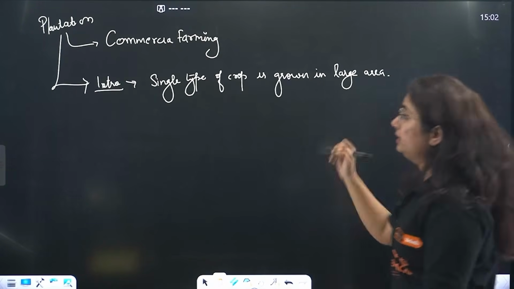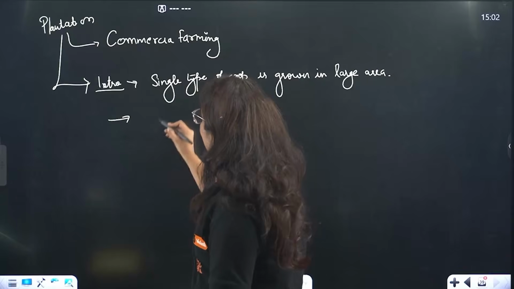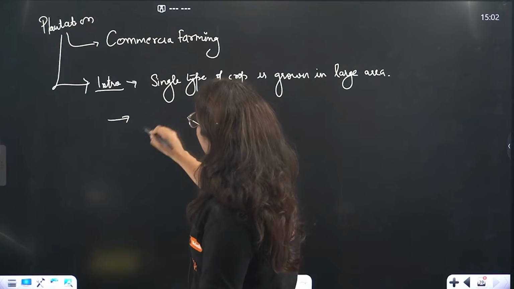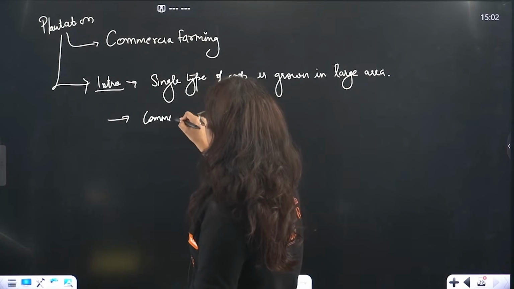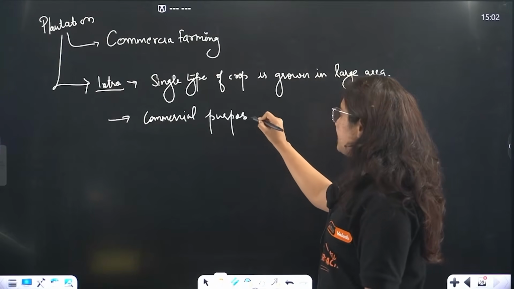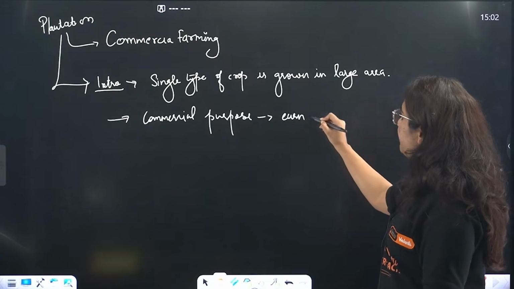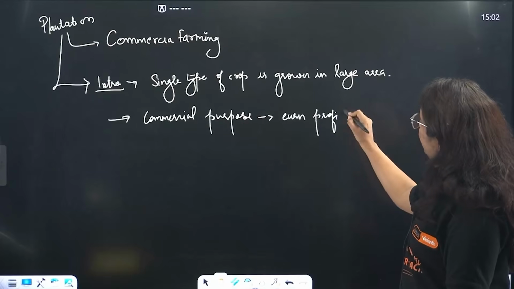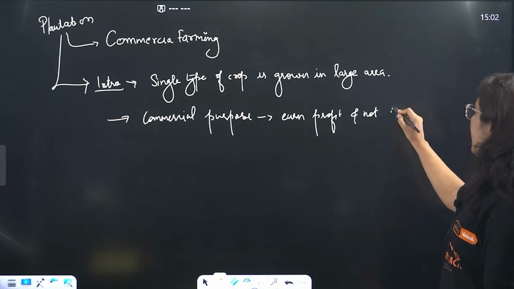First is this. Now, second, we will tell that plantation cropping is done for commercial purpose, right? What do you mean by commercial purpose? Commercial purpose is to earn profit and not for subsistence.